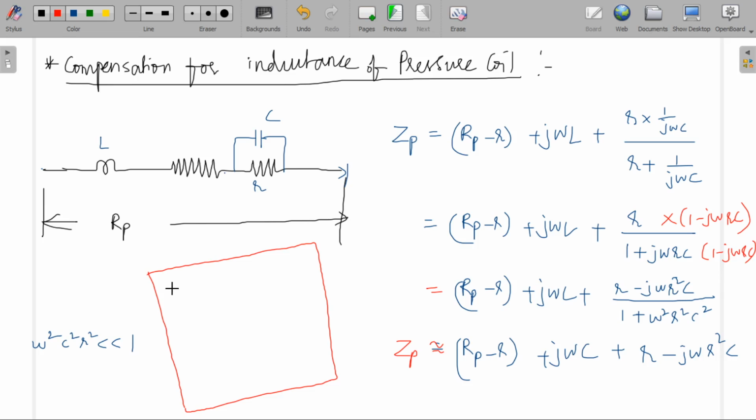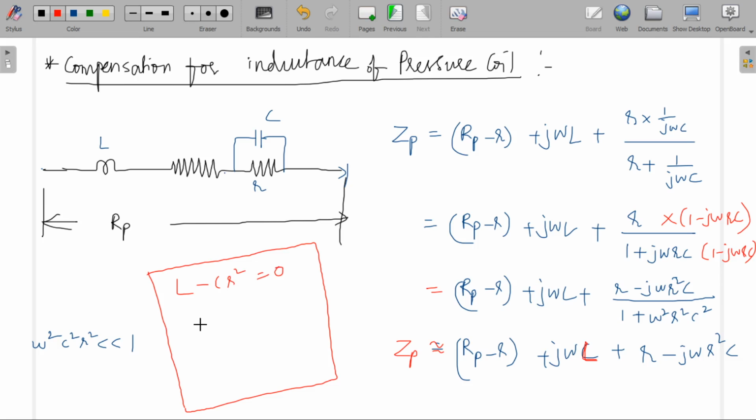Then you are going to get L minus C R square is equal to 0.